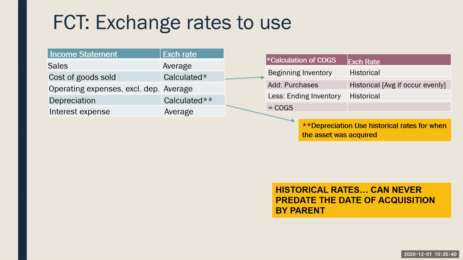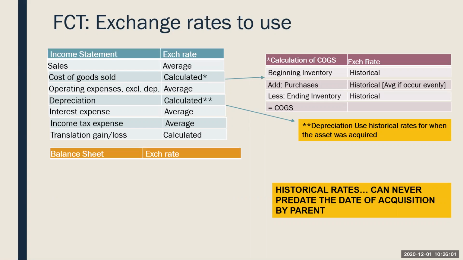Interest expense is translated using the average rate. Income tax expense is translated using the average rate as well. We would include the translation gain or loss that was calculated in the first step to give us the total translated net income.